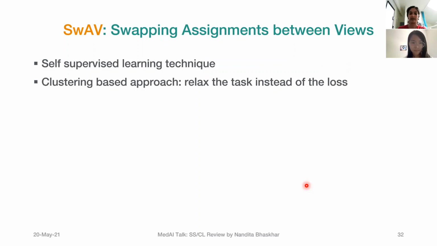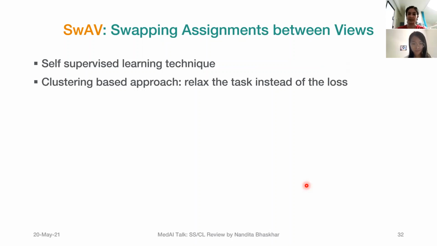In a way, you can think of clustering-based approaches as relaxing the task instead of the loss. What I mean by that is in instance-based discrimination, ideally, given a particular image, every other image in the dataset needs to be a negative sample.